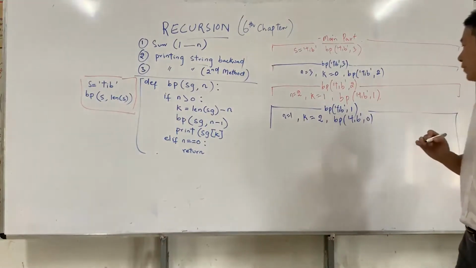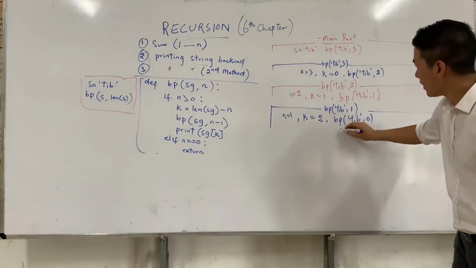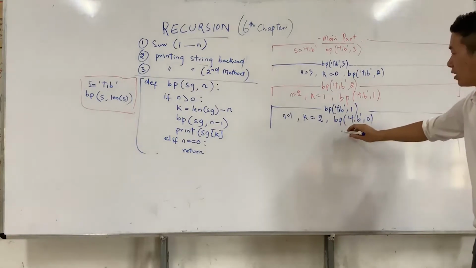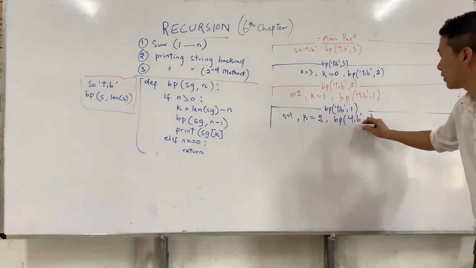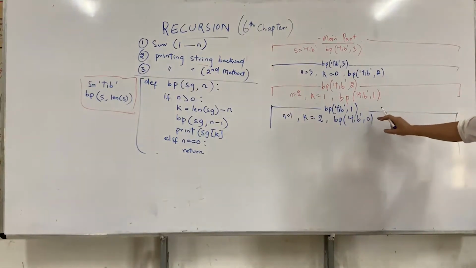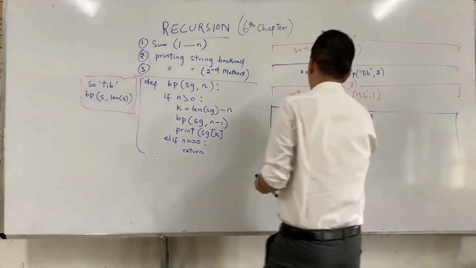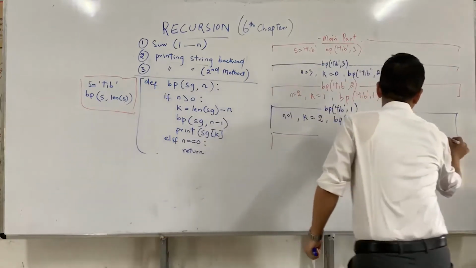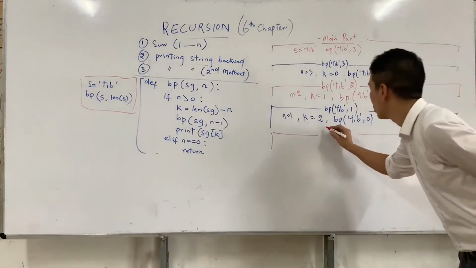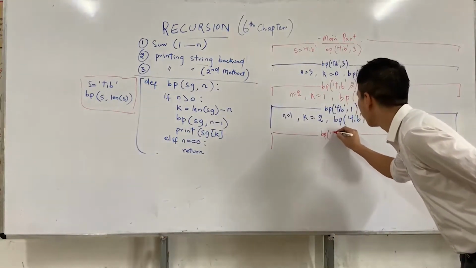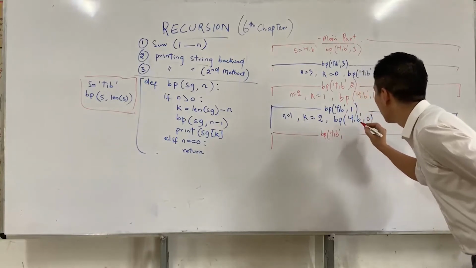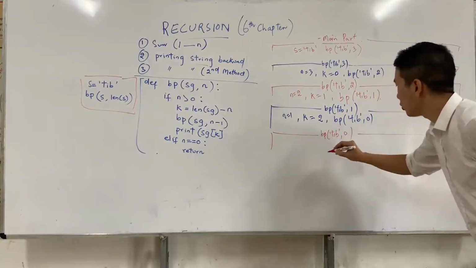Finally, you will have one last function call to BP, and this time the value of n is 0. So we'll come up with the final frame of the stack. The function header will be BP, and you will have tip. This time the value of n will be 0.